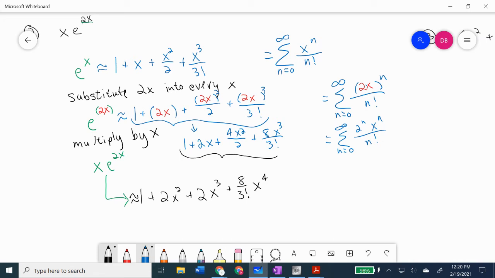Over here with sigma, I want you to take a moment to think, what did you actually do to each of these terms when you multiplied by x? What did you do to get them?